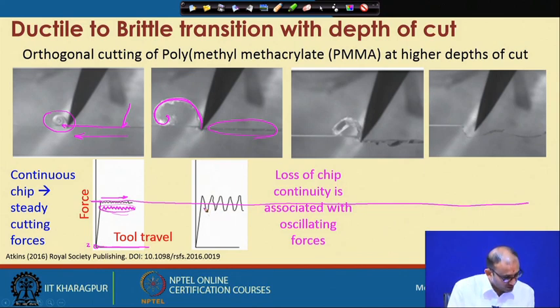Full contact means there is no open region in the signal. Still it is in full contact, but your amplitude is increased, which means you have a large variation in the forces. This variation also plays an important role in the life of the cutting tool as well as the workpiece material quality.